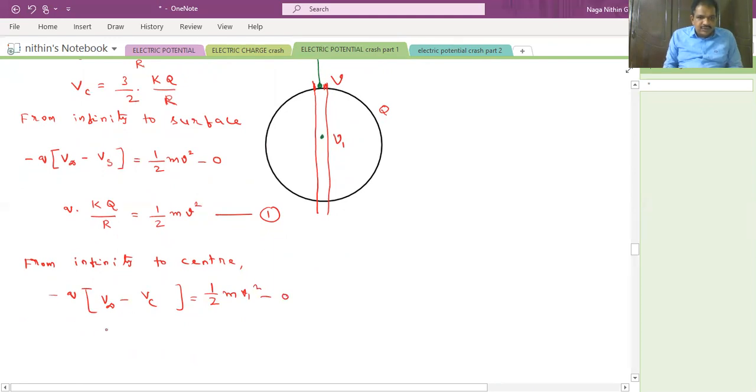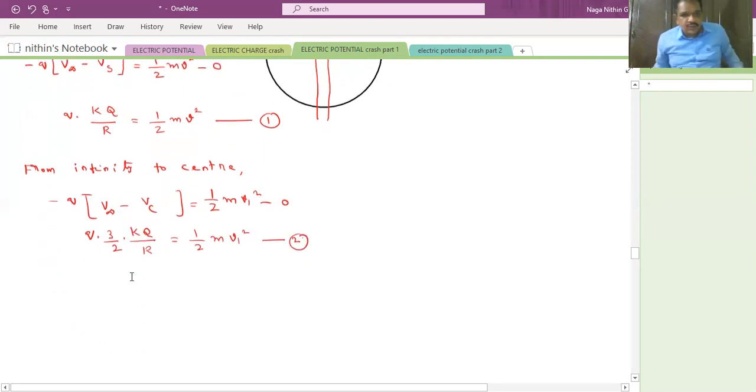Minus into minus plus, q times 3 by 2 kQ by R is equal to half m V1 square. This will be equation 2.